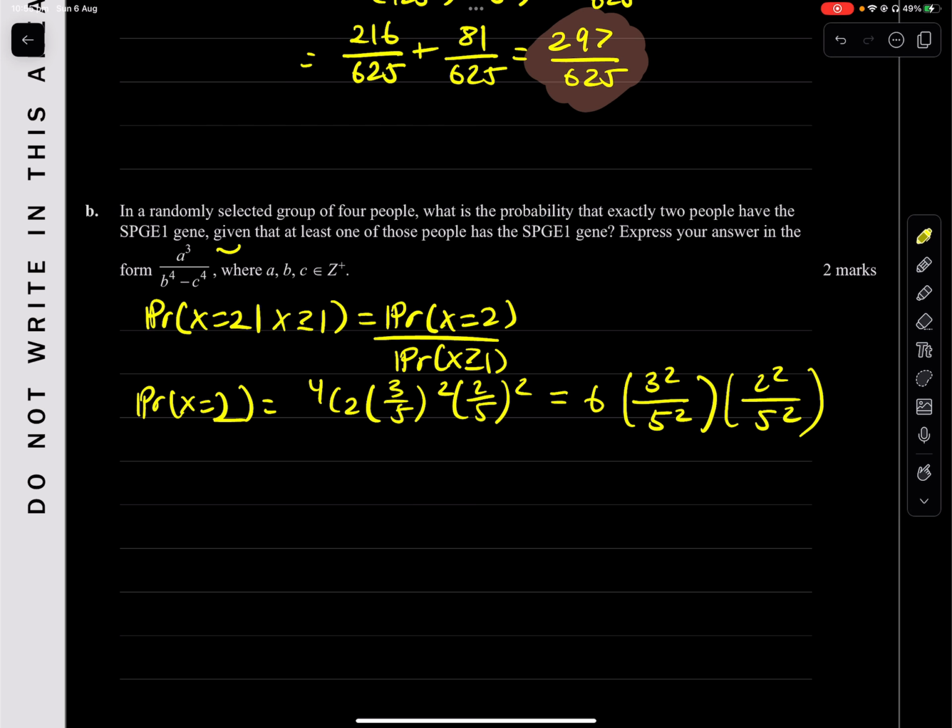Okay, so which simplifies to what? This simplifies to 6, 3 squared multiplied by 2 squared over 5 to the power 4.